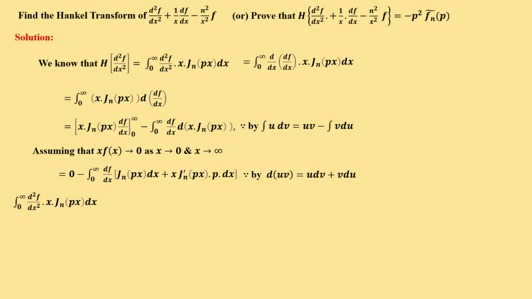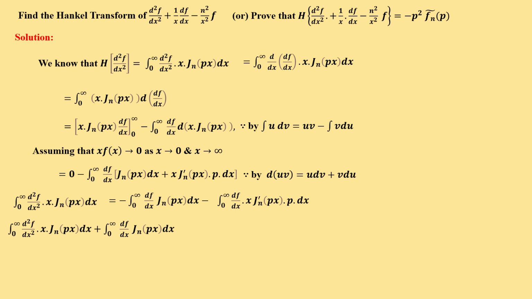Therefore the integral from 0 to infinity of d²f/dx² times x Jₙ(px) dx is equal to minus the integral from 0 to infinity of df/dx Jₙ(px) dx minus, right, the integral from 0 to infinity of df/dx times x Jₙ'(px) times p dx.